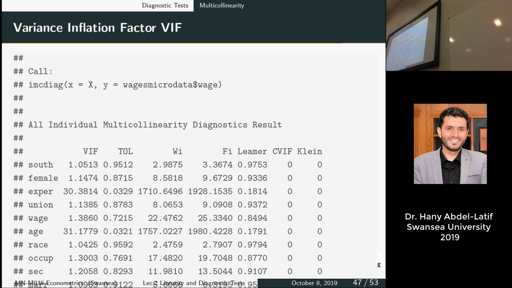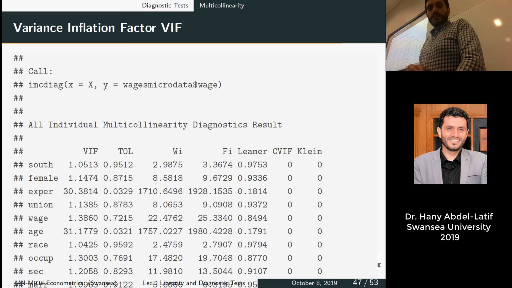That means there's an issue of multicollinearity. You'll see these are all like 1 point something, except experience is nearly 30, and age is 31.8. So it's very obvious that these two variables are causing the issue of multicollinearity.